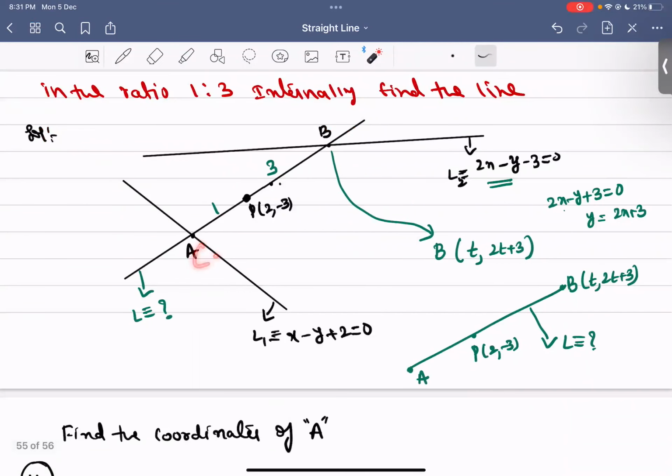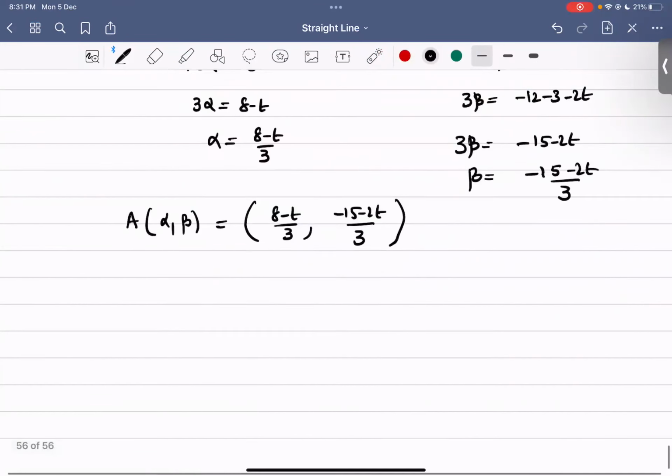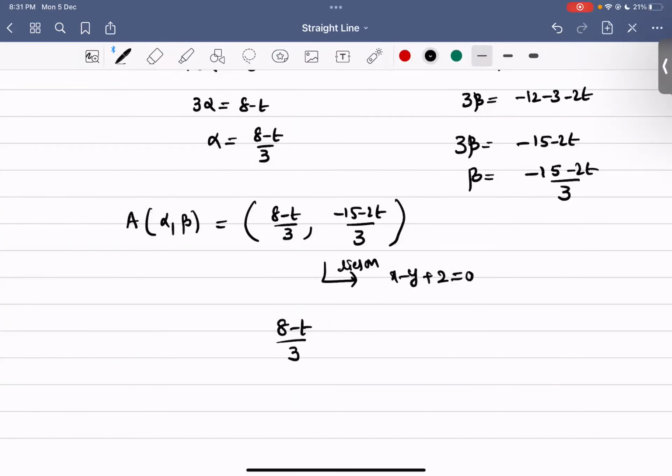Alpha, beta coordinate. A lies on which line? L1 equals 0. It will satisfy x minus y plus 2 equals 0. So it lies on x minus y plus 2 equals 0. Substitute, it must satisfy. Therefore (8 minus t) by 3 minus (minus 15 minus 2t) by 3 plus 2 is equal to 0.